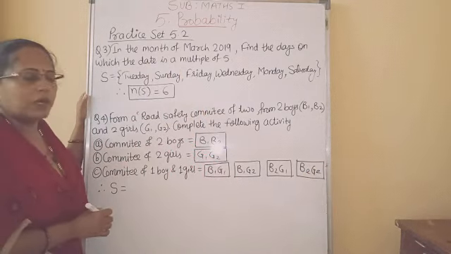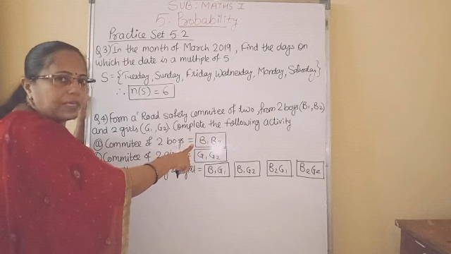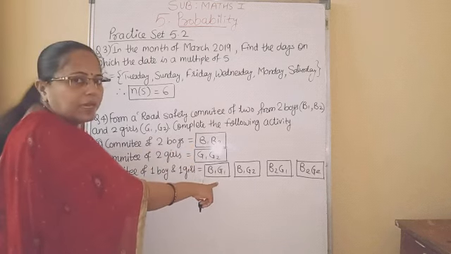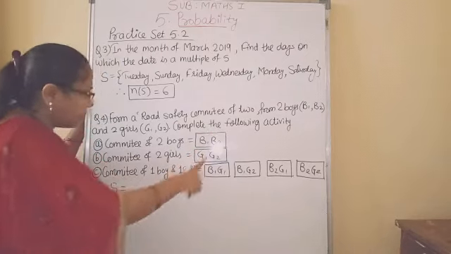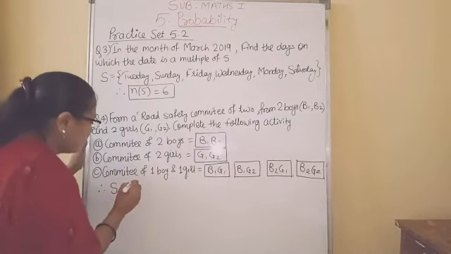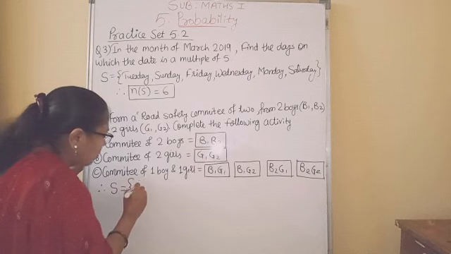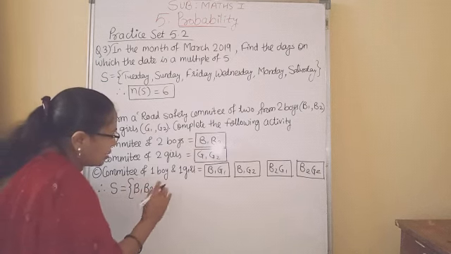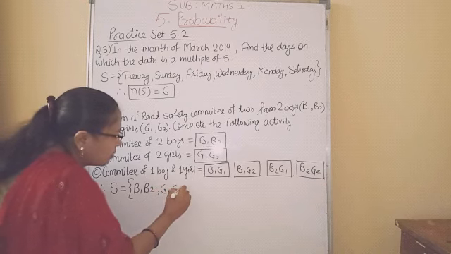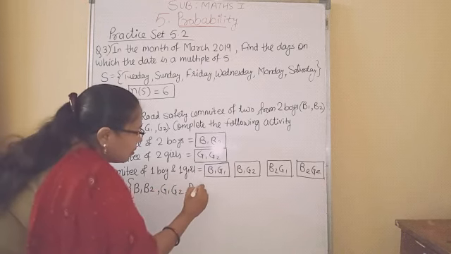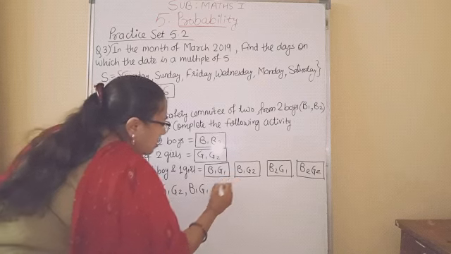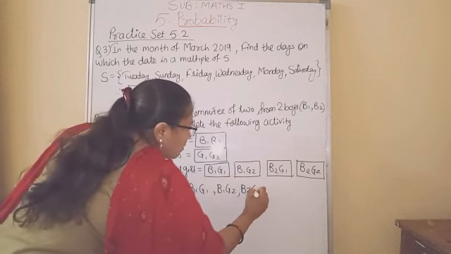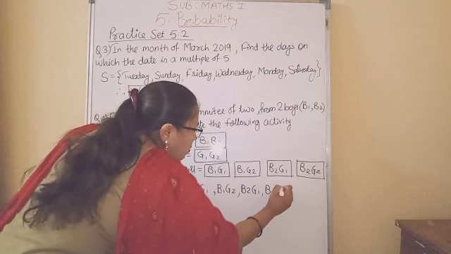So this way we can form a committee. Either both the members will be boys, or both the members will be girls, or one boy and one girl. All these possibilities we have to write in the sample space. So S is equal to, first is B1, B2, second G1, G2, third B1, G1, B1, G2, B2, G1 and B2, G2.